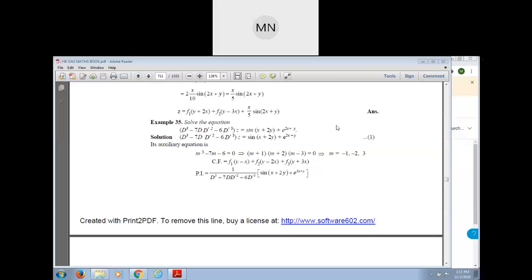So we divide m cube minus 7m minus 6 by m plus 1.